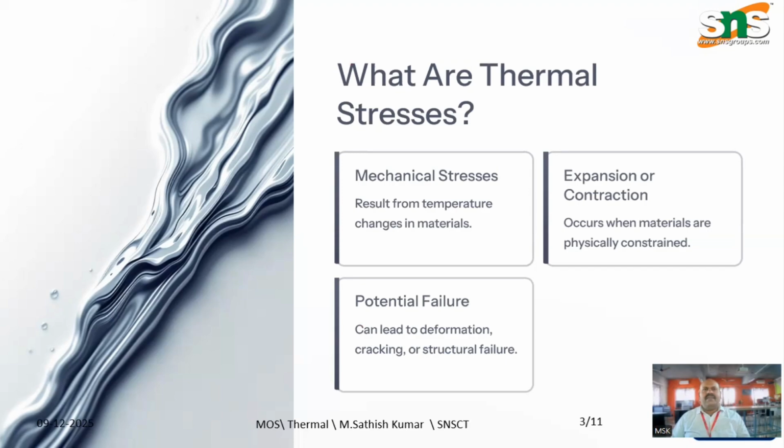So any material that is taken for design or fabrication or application in the engineering field will tend to change its shape, size, or behavior with respect to temperature. Temperature is inevitable, since all engineering materials are exposed to high temperatures either internally or externally.